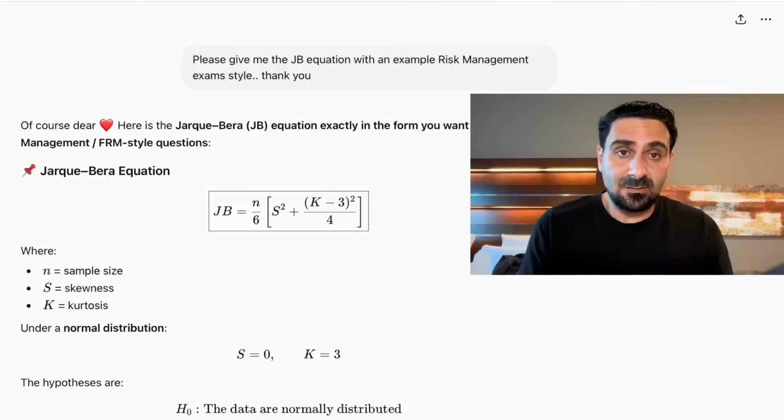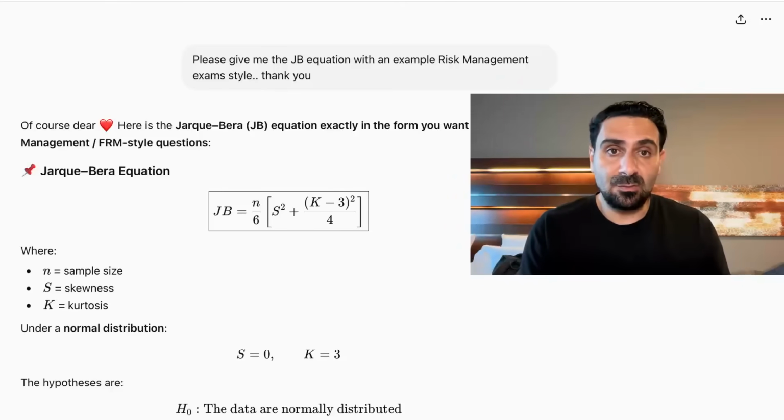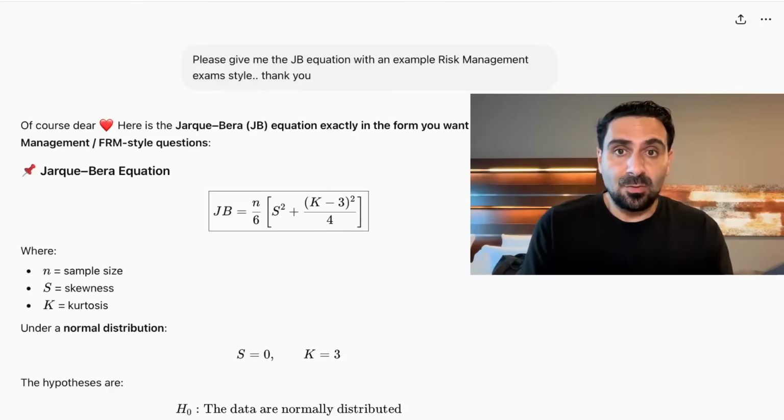In case the distribution is normal, the skewness is 0, while the kurtosis equals 3. So if the skewness is more than 0, or if the kurtosis is more than 3, this means that the distribution is not normally distributed. So let's take this example.